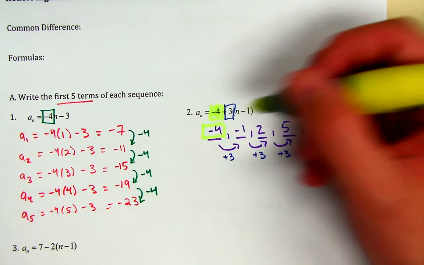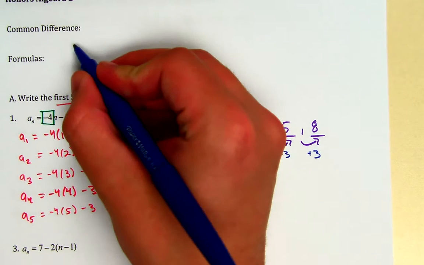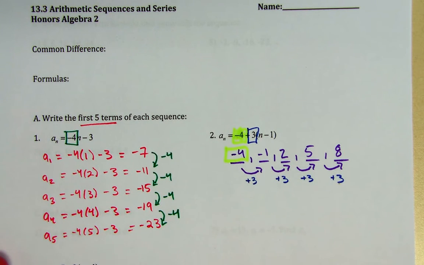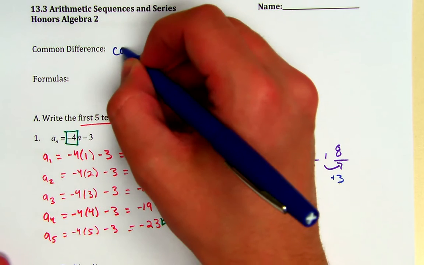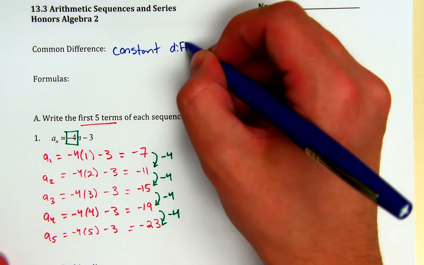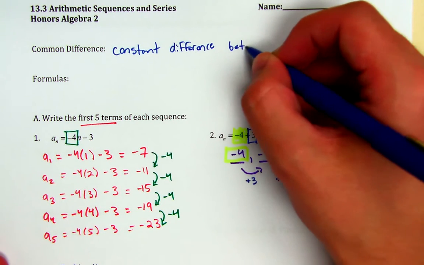See how that matches up with the first term? You bet that's where we're going to derive our formula from. So first, let's talk about a common difference. We found that: the positive 3. It is the constant difference between terms.